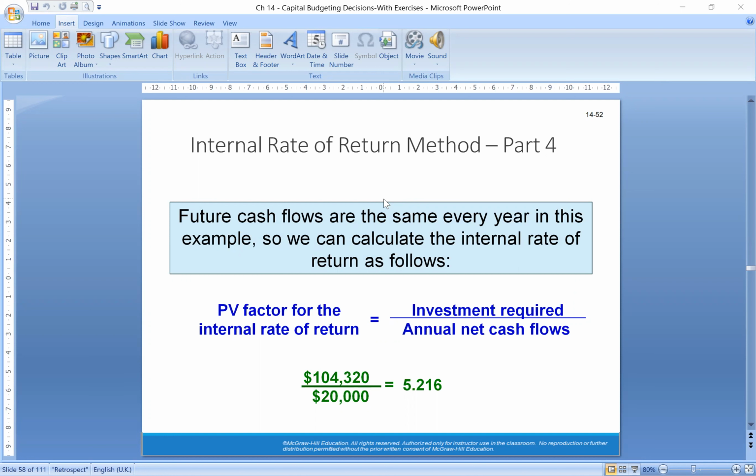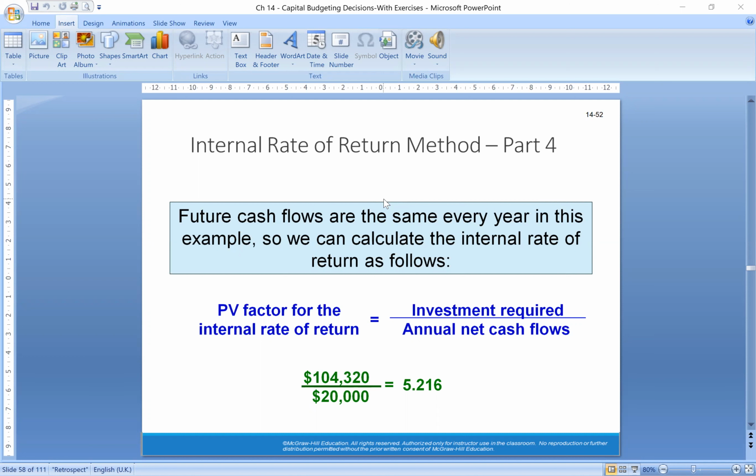Future cash flows are the same every year in this example. We can calculate the internal rate of return because the present value factor for the internal rate of return is equal to the investment required divided by the annual net cash flows. If you remember, we discussed this formula for the payback period.